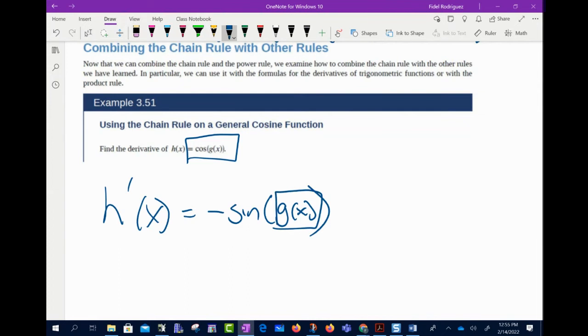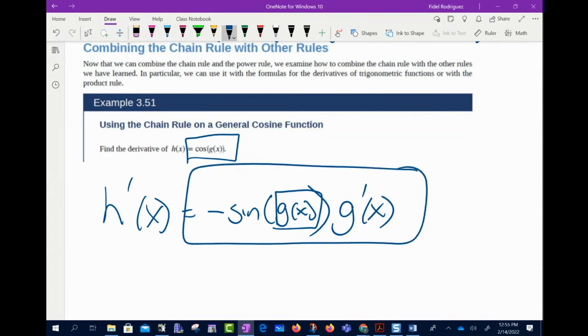Anybody know how do we write the derivative of g of x? Just g prime of x. And that's it. That's all you're doing, right? Why? Because I don't know what g of x is equal to. But if we said, can we find the derivative of cosine of x squared? We could apply what we have right here, and we'd be able to do that, okay?